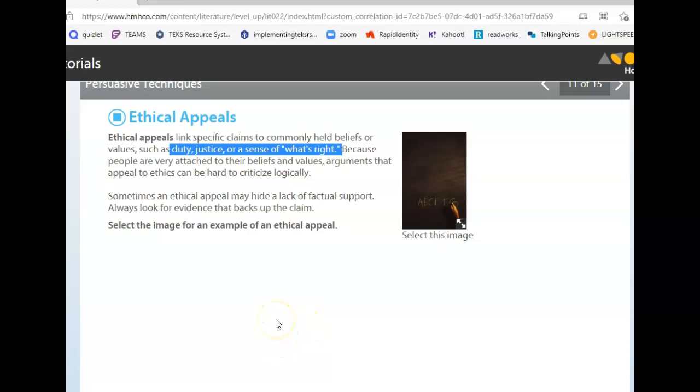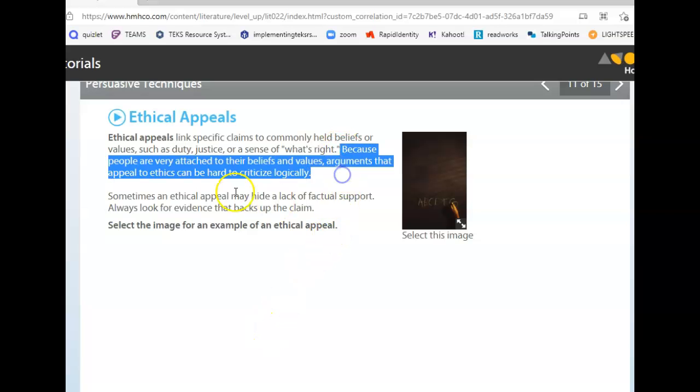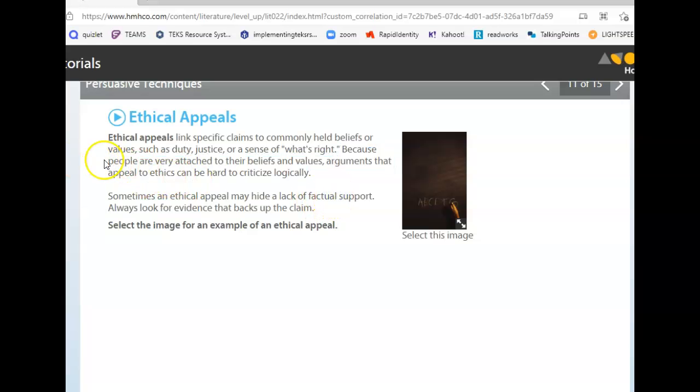These types of appeals are hard to criticize because, right here it's talking about how these appeals are hard to criticize because people are very attached to their beliefs and values.